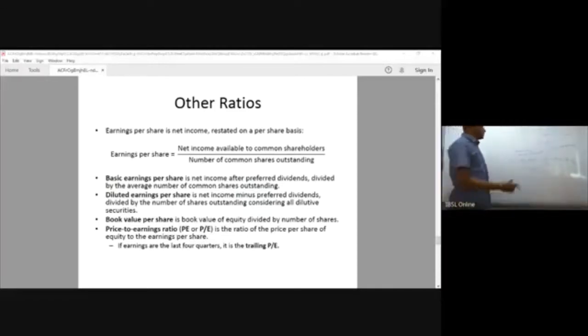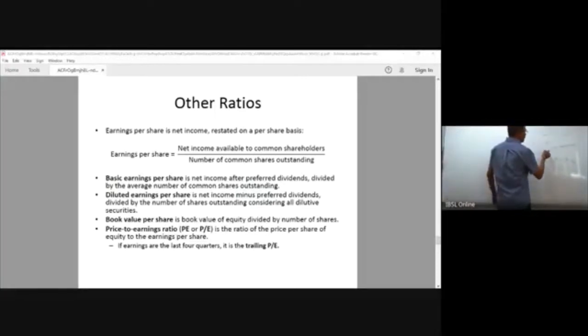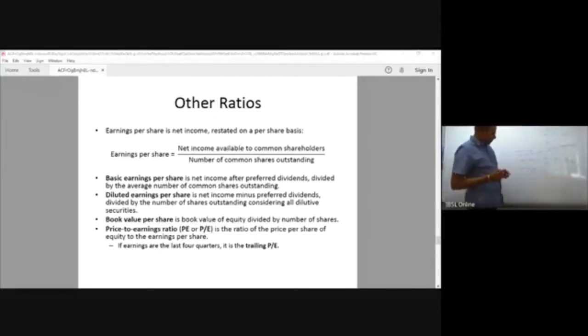The common bank's P/E ratio is 5, which means 5 into 10, 50, but it is trading at 30.